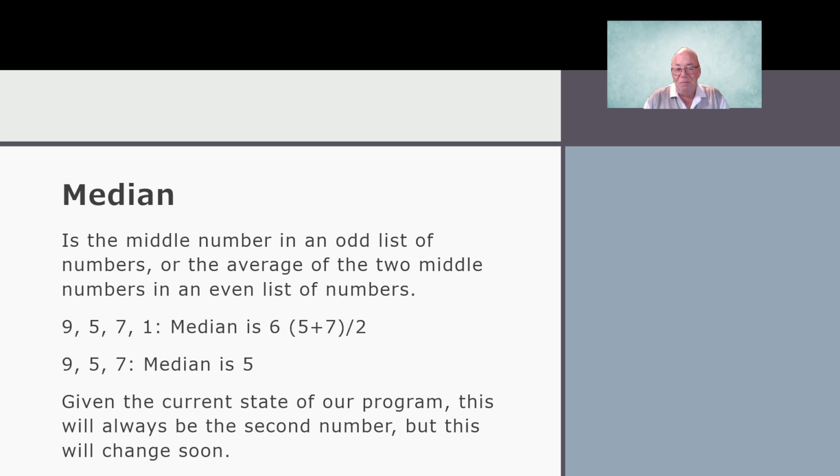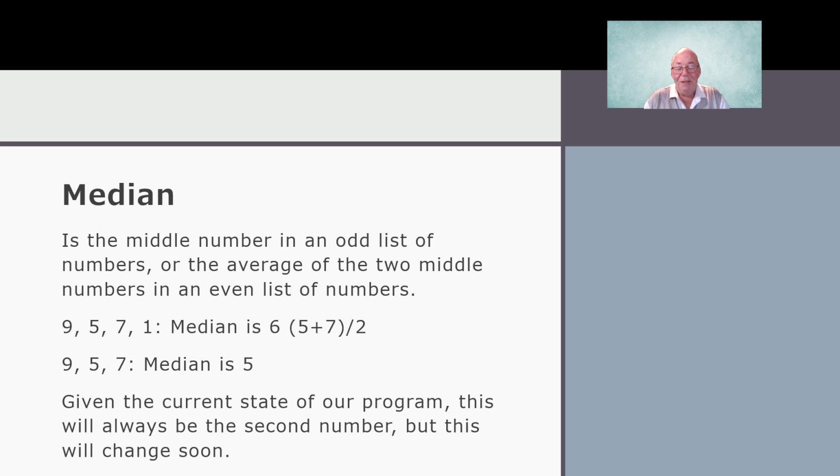So if you've got four numbers, the second and the third numbers are the two median numbers, and you take those two numbers and you average them. I had completely forgotten about that, but that is how you come up with the median.